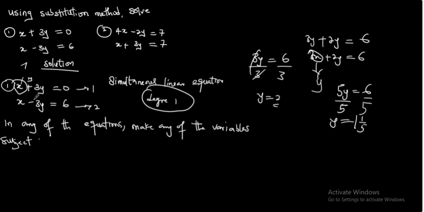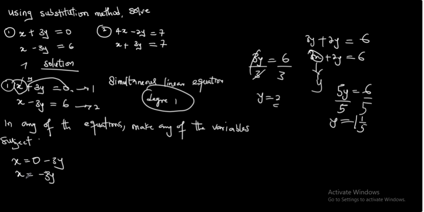The only issue is that, let's assume I'm making x subject of formula in equation 1, such that I will now have x equals 0, and if plus crosses to the other side, it becomes minus 3y, right? So positive crosses, it becomes minus. Now, we know that x is equal to minus 3y.